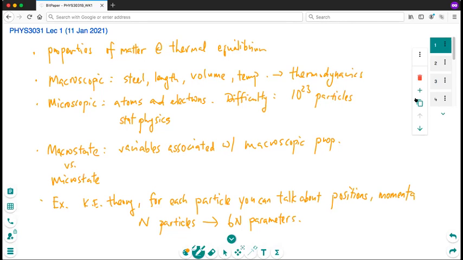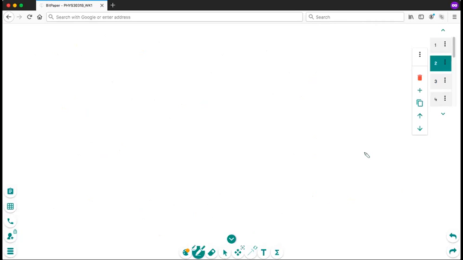To give you an example of these microscopic and macroscopic pictures, a very good example is the following. Let's take this class. We have about 56 students.